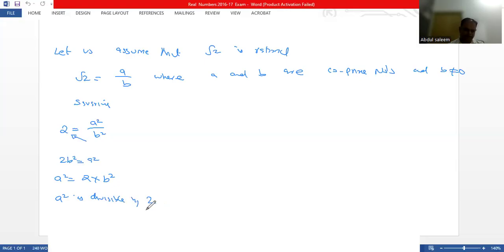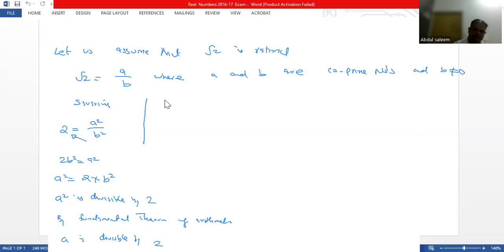If a square is divisible by 2, by the fundamental theorem of arithmetic, we can say that a is also divisible by 2. If a is divisible by 2, that means 2 is a factor of a.